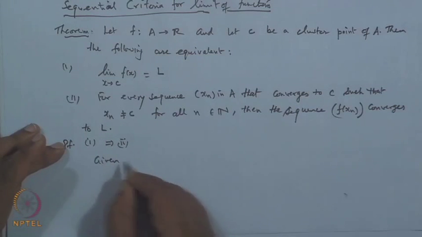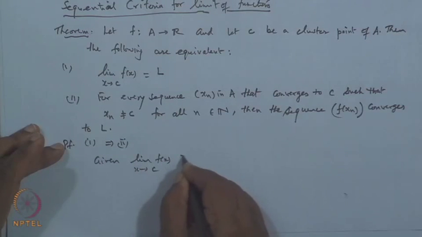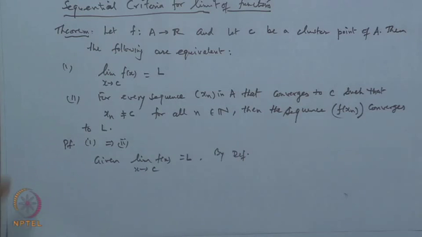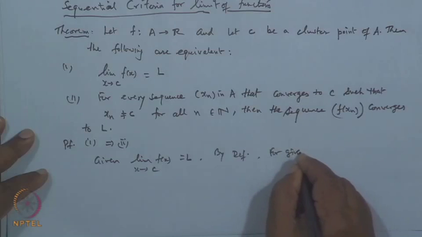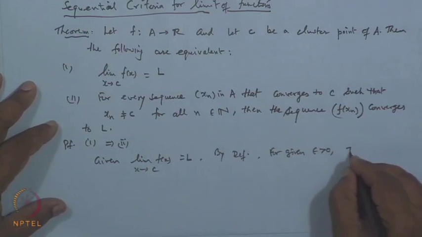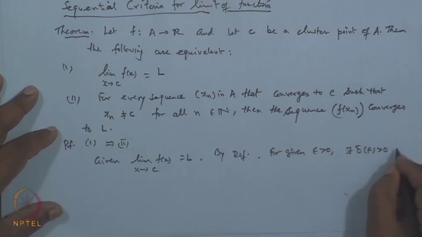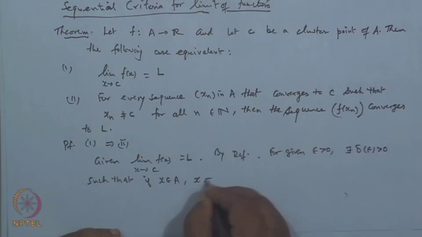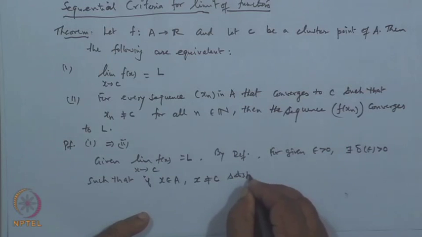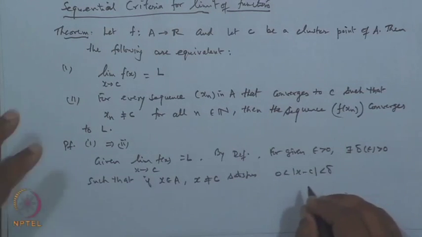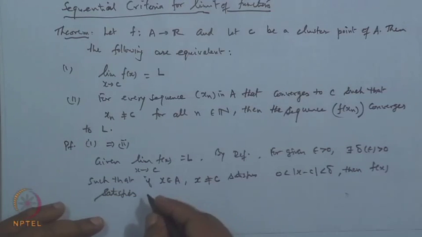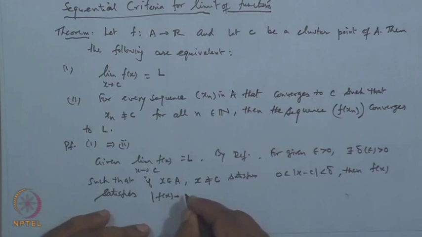Given the limit exists, the limit of f(x) when x tends to C is L. So, by definition, for a given epsilon greater than 0 there exists a delta, which depends on epsilon, positive value, such that for all x, if x belongs to A, x is not equal to C and satisfies the condition 0 less than |x − C| less than delta, then f(x) satisfies the condition |f(x) − L| is less than epsilon.